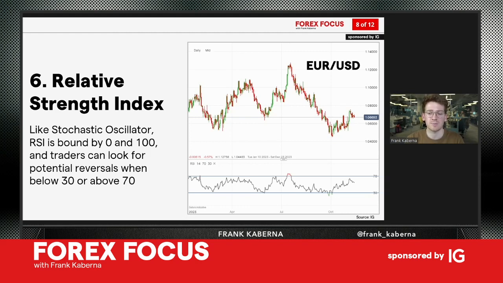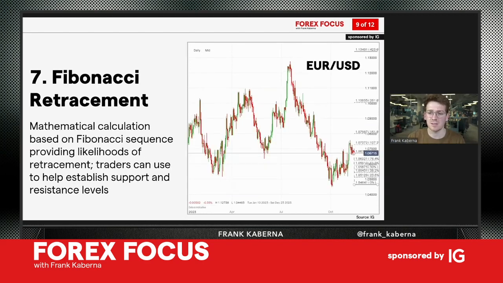On the screen you can see that rarely has this market, in the course of the last several months, been above 70 or below 30, but it's meant to be a signal: above 70, maybe it's overbought, below 30, maybe it's oversold. And you can kind of line it up and compare. If you like an indicator like this, you can take a look at the stochastic oscillator and RSI, compare them, and see which you align with better.